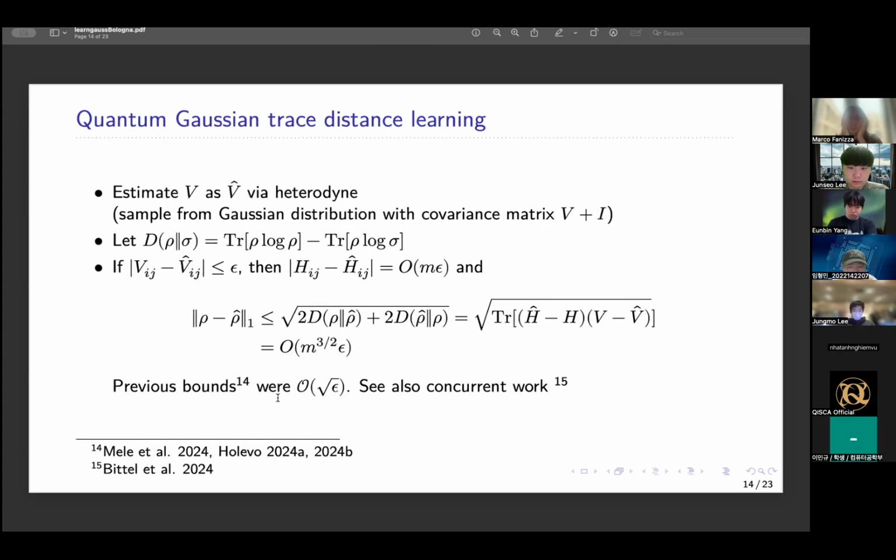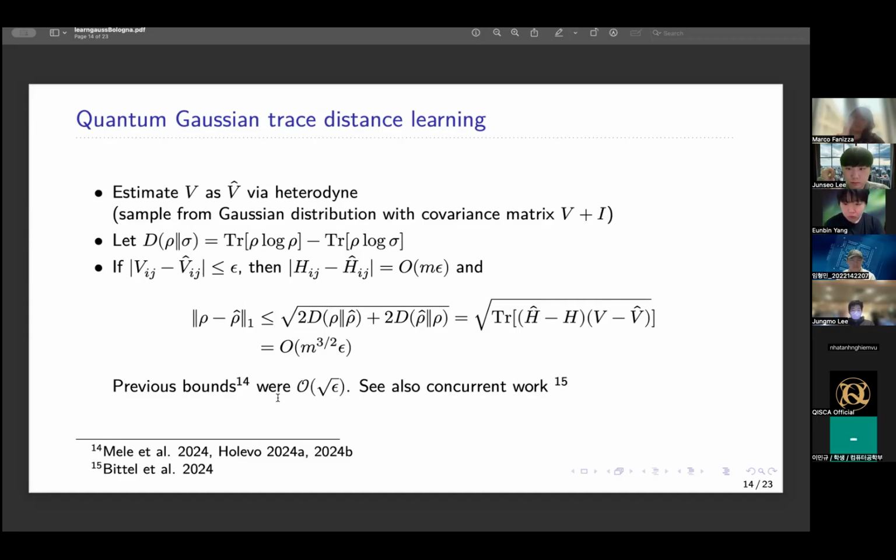Let me also mention our result on trace distance learning, which comes from what I think is a very nice observation. Here again, we use heterodyne to get an estimate of the covariance matrix.